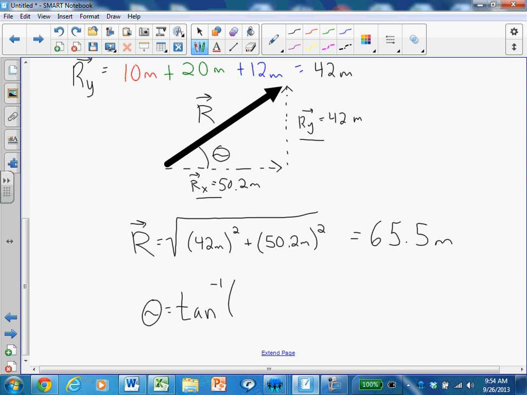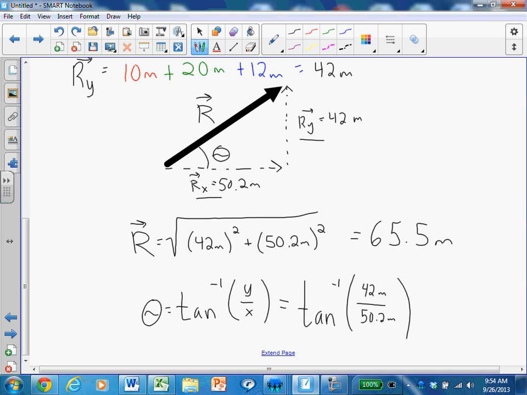I like to simplify it and just remember it's y over x. Like that. So tan inverse of 42 meters, but they're going to cancel, over 50.2 meters. Remember, you use inverse trig functions when you want to find the angle.